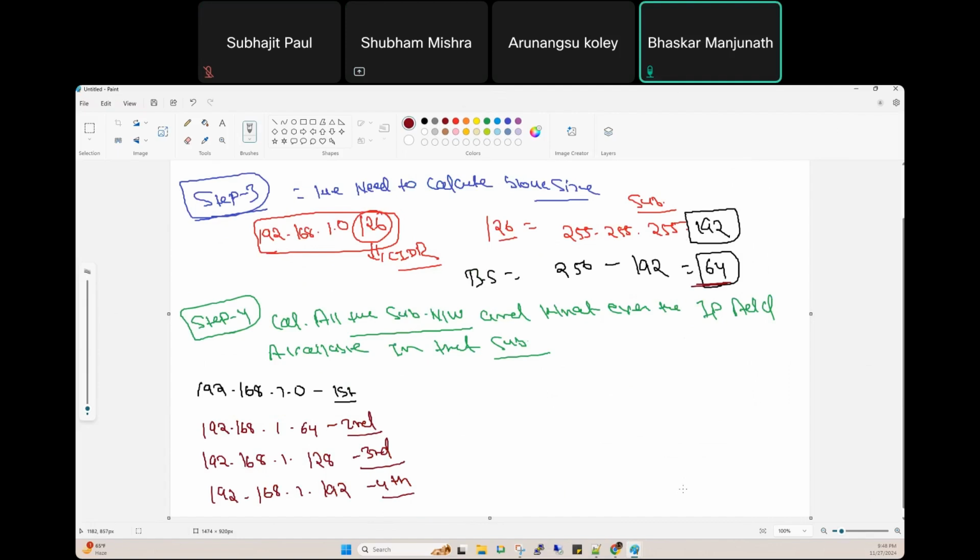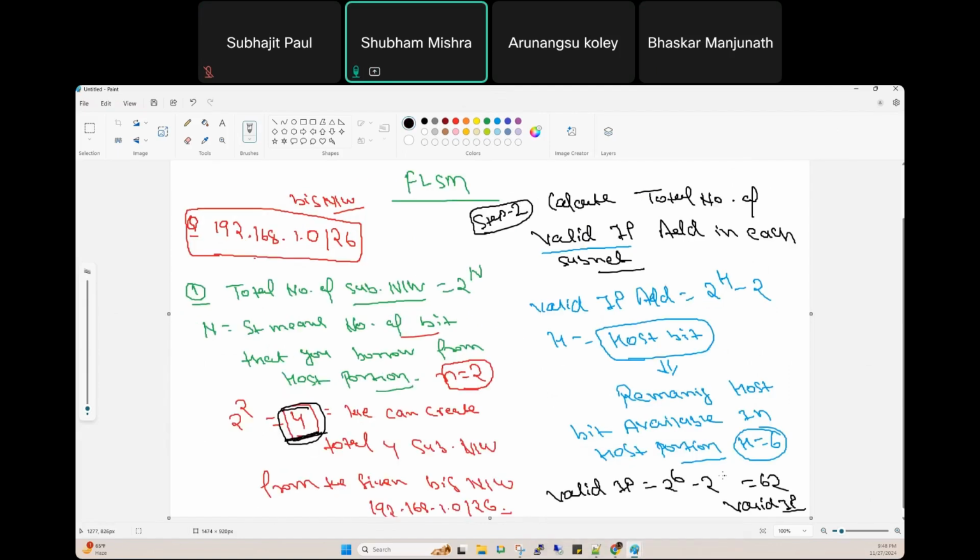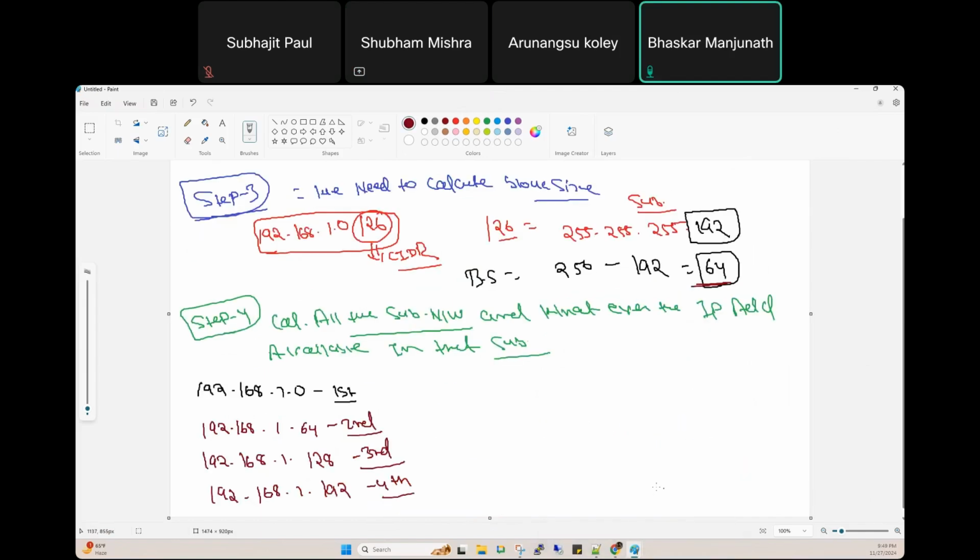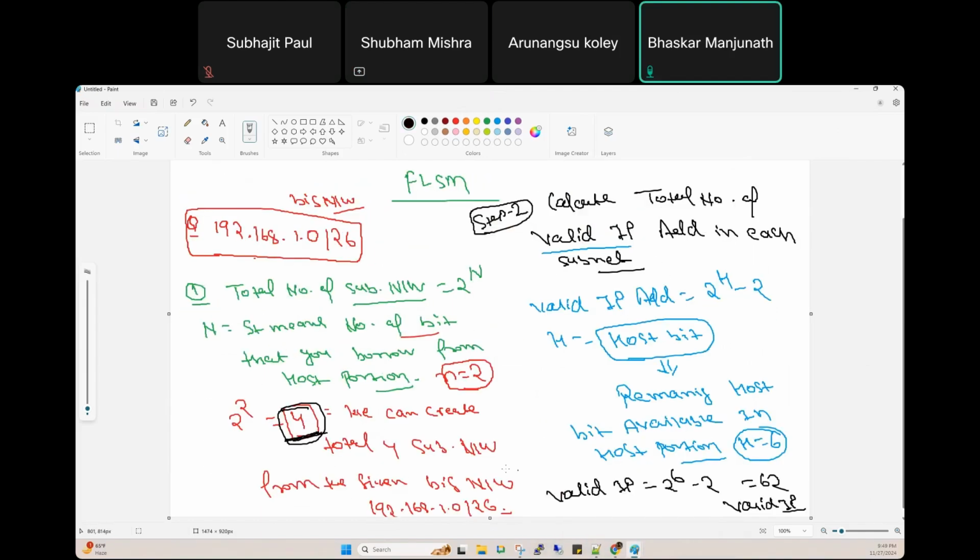Sir, one of my doubts is: 64 plus 64 plus 64 plus 64 is 256. Actually, the remaining 64, two bits are changing, 254 is not coming. Which bit are you asking about? You are saying 2 squared is equal to 4. Yes, the value of n is equal to 2, so 2 to the power 2 is equal to 4.